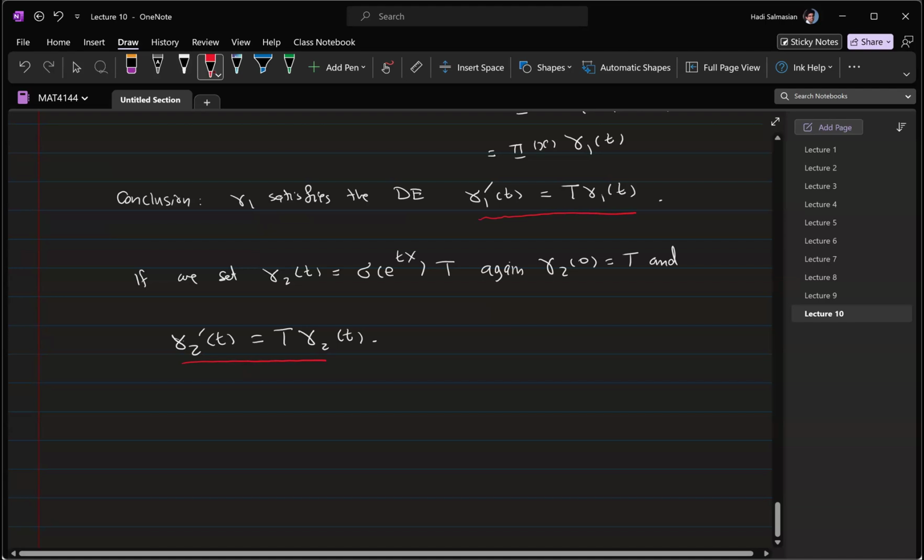Now, the fundamental theorem of ODE says that if you have a differential equation with an initial value, there's a unique solution. There can't be more than one solution.